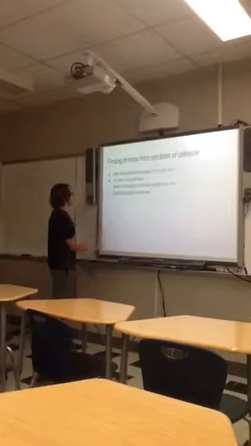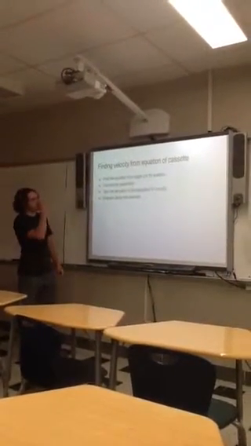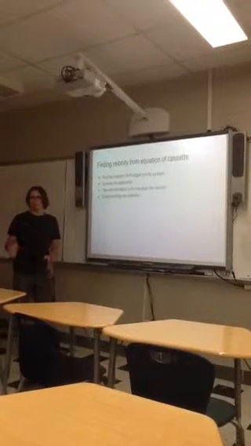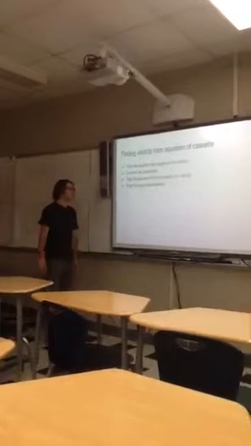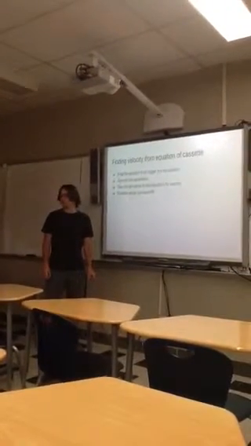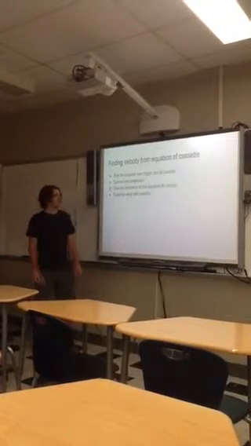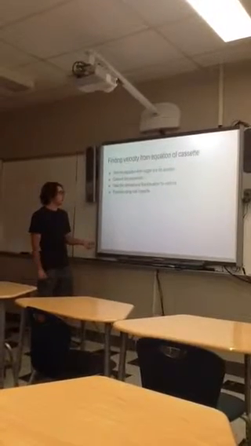So that's just an example. So then you can find the velocity from the equation of the cassette that I found in Logger Pro. I converted it into parametric because you have that variable of time, so you need to make it into parametric. And then you take the derivative of those two parametric equations to find the velocity.